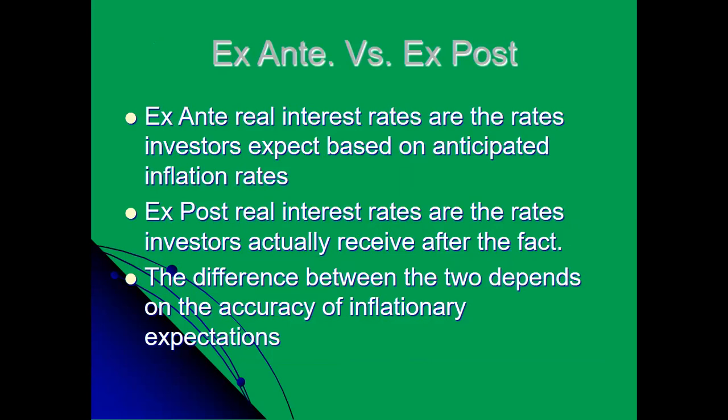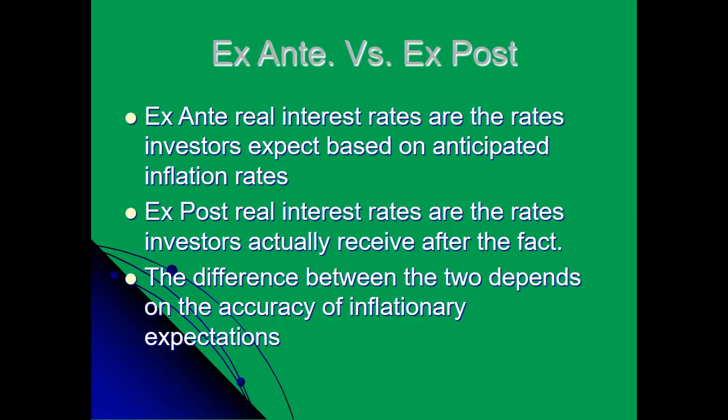But really, what we mean is ex ante, before we are able to determine the actual situation, then there's the interest rate. Ex ante real interest rates are the rates investors expect based on anticipated inflation rates. Just anticipating certain factors or situations to happen, still estimates, and that's before the actual occurrences.